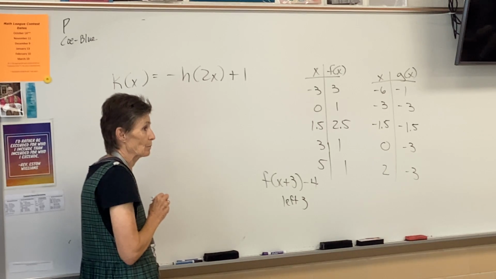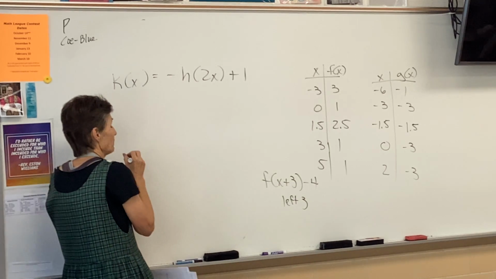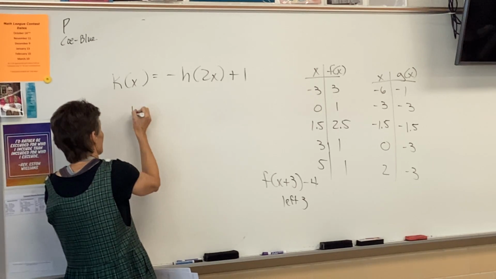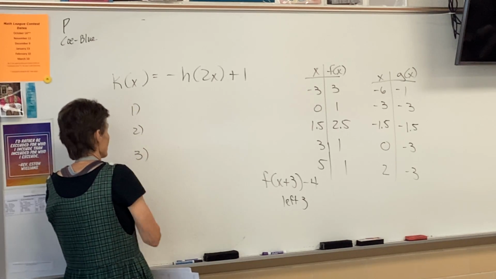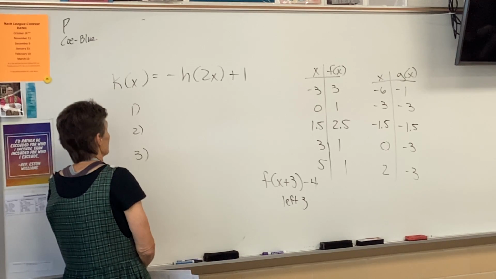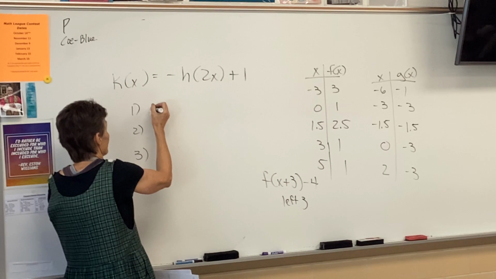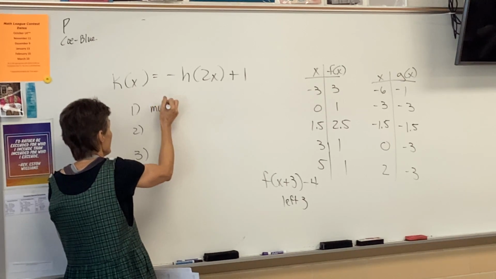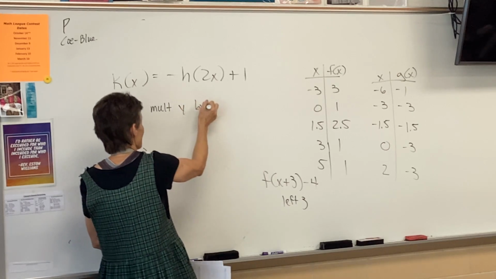All right, so what is going to happen to all of our points now? Each point is going to have to be moved, changed, how? Reflect across the x-axis, or think of it as multiplying y by negative 1.